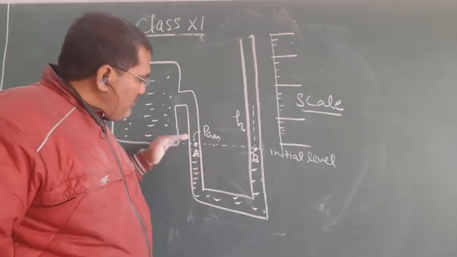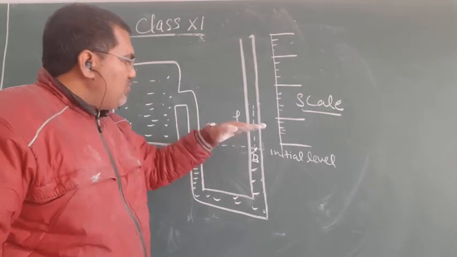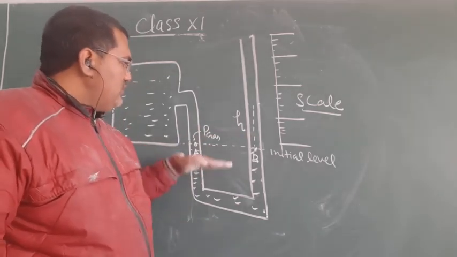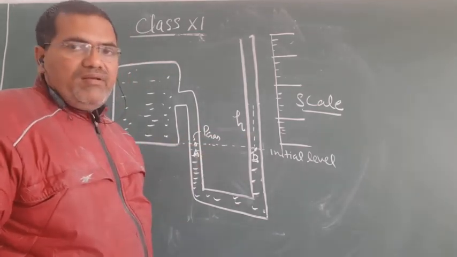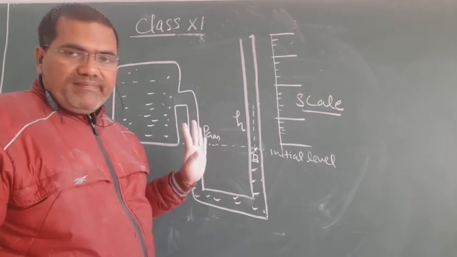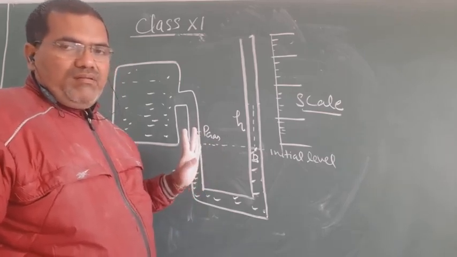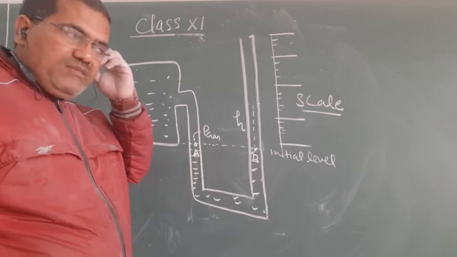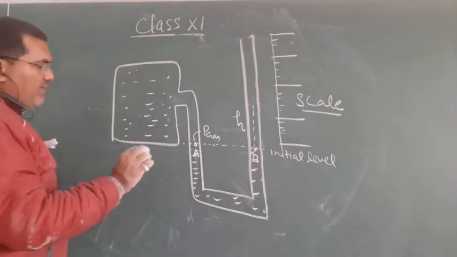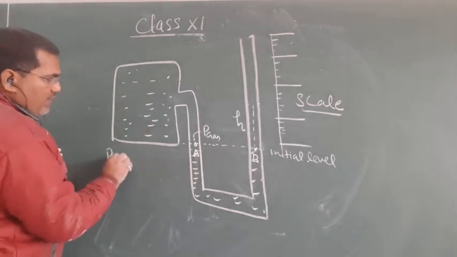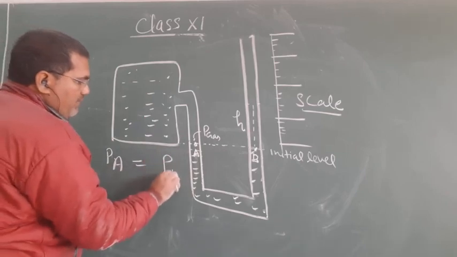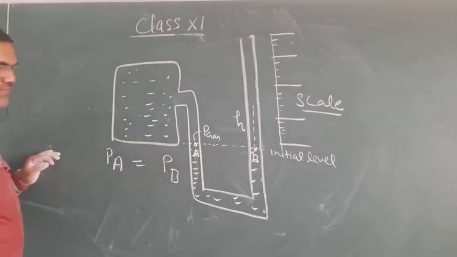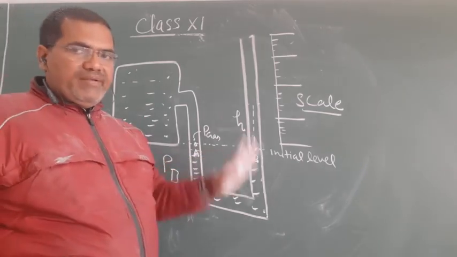Then at any layer of the liquid in a horizontal level, pressure is the same everywhere. So using this concept, what will we get? Pressure at A is equal to pressure at B.